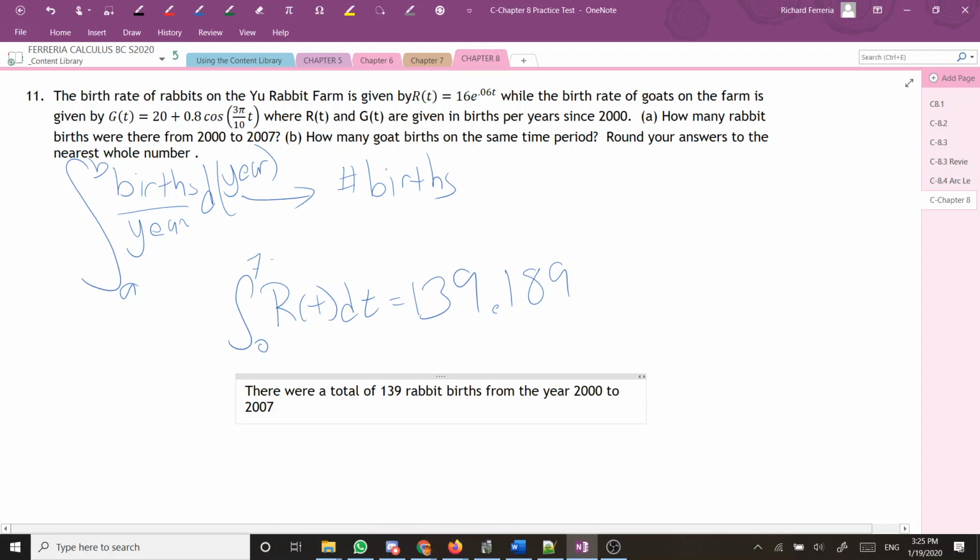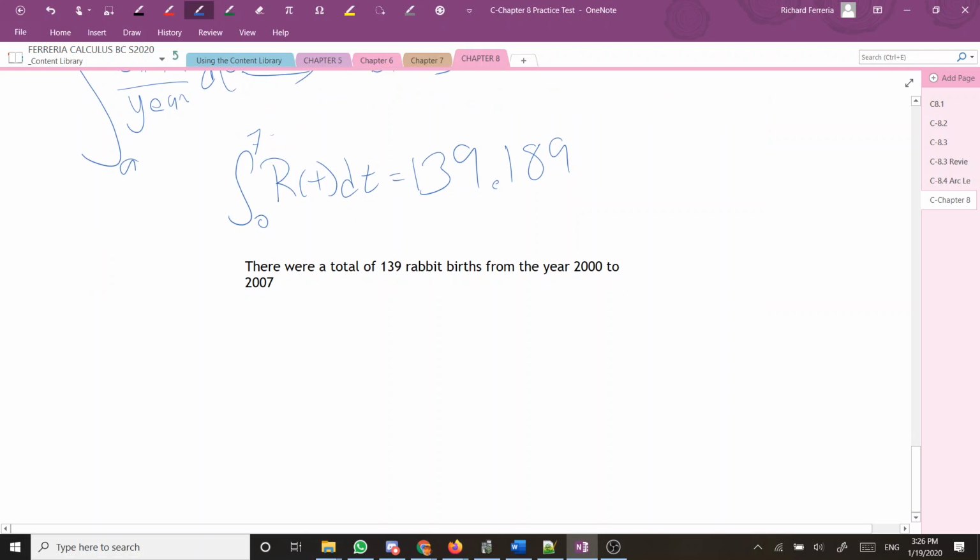And that takes care of that part. Remember, your answer needs to be rounded, but if you're doing the math, it doesn't have to be rounded until the very end.